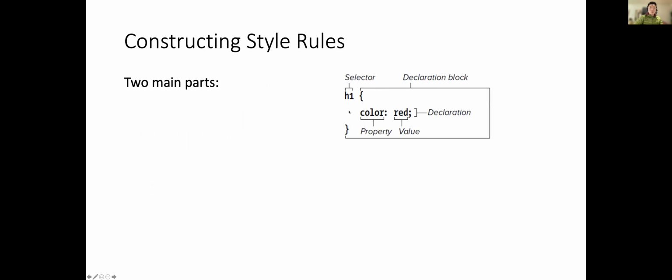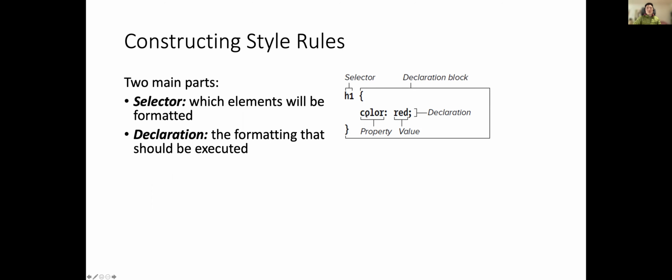Okay, and so this is what it looks like. In this case, it says H1. I want all the H1 to have its color set to red. The H1 here is called a selector, which decides which element or which tag in HTML the rule is going to be applied to.